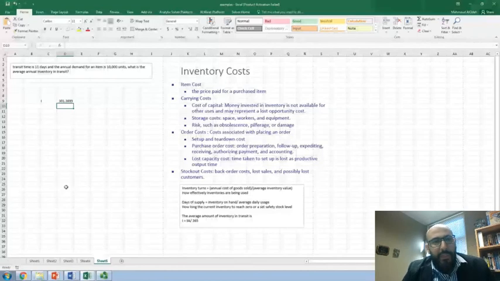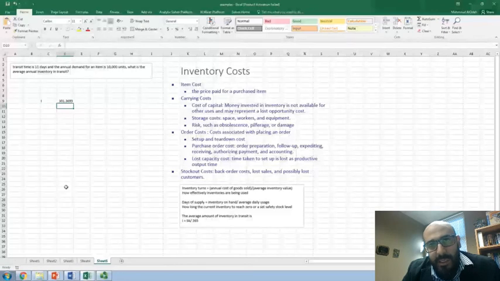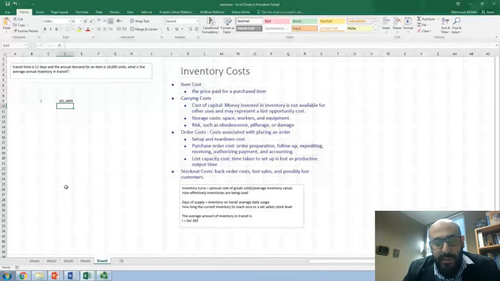So the average annual inventory in transit is 301 units per year. You can see it as inventory on the road, inventory in transit. This is what the term is.